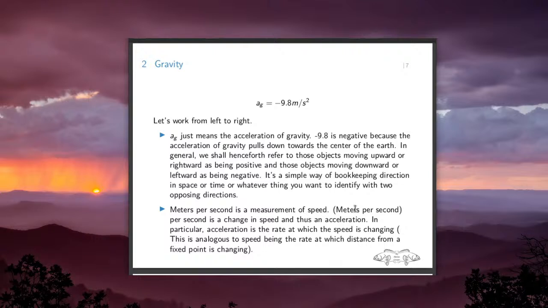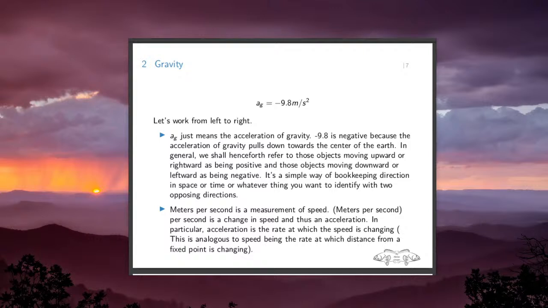Continuing on, we see that meters per second is just a measurement of speed, really. We can also talk about velocity, which is slightly different, but that's okay. But what it is, it's a velocity, right? If we think about meters per second, you're changing however much distance over however much time.